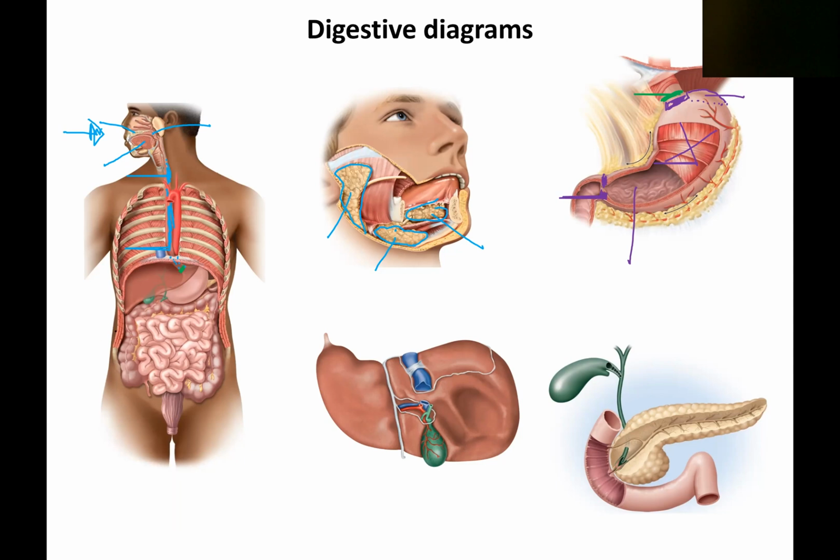Okay. Back over here, the stomach is going to turn, make a curve, and come down and go behind this. And that would be the beginning of the small intestine. So the beginning of the small intestine is called the duodenum.